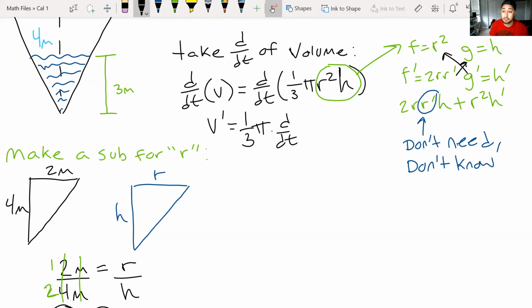I'm not taking the derivative of the right side just yet, because now I'm going to plug in our substitution for r, my new r value of h over 2. Since r is being squared, this has to be h over 2 squared times h.